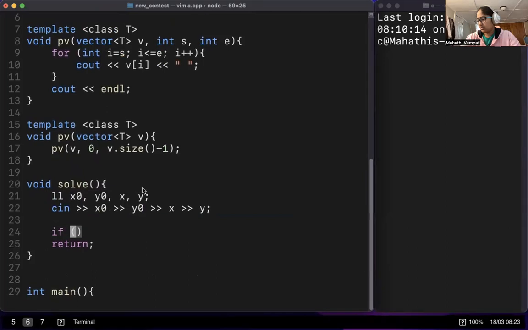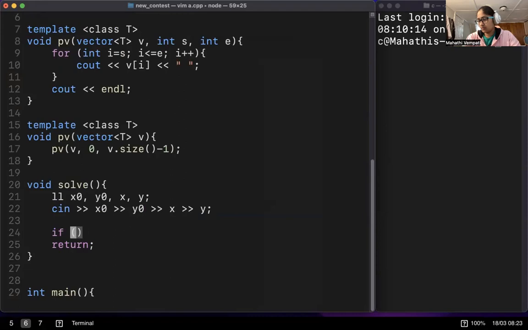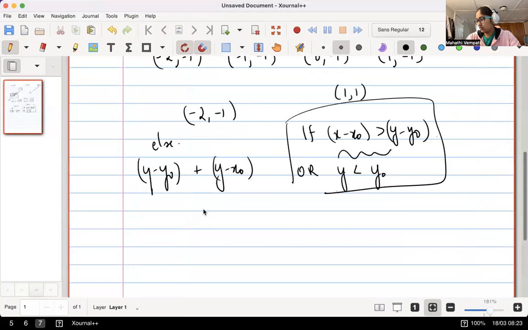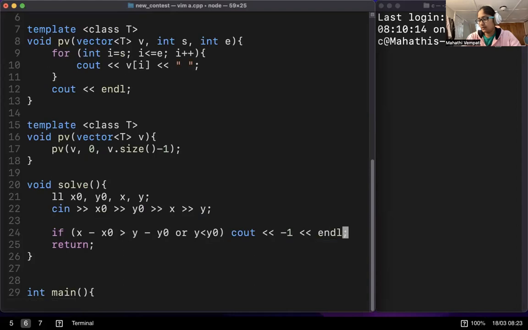If, what was my... x minus x naught is greater than y minus y naught, or y less than y naught, C out minus 1, else C out.